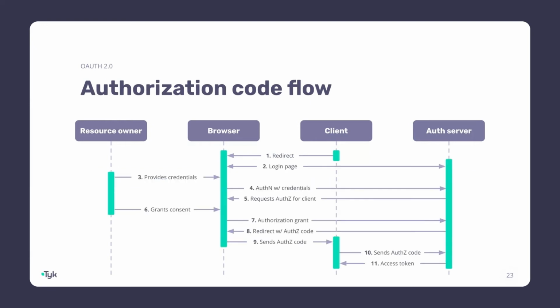So once you do that, it will provide a login page, where the resource owner is going to provide their credentials if they have not previously logged in. This is the place where they're going to be logging in. That login credential will then be sent back to the auth server, which will then go back to the browser for the resource owner to provide authorization for the client.